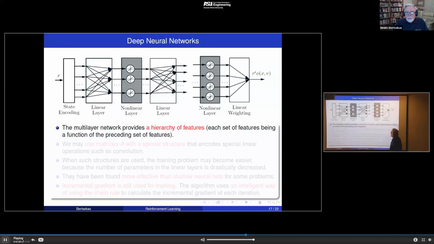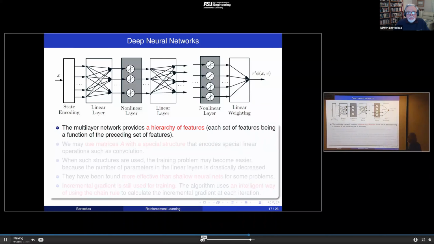You can have in the tens, okay? In the old days, people were using just a single layer or maybe two layers, very seldom more than two, like three. There were reports of people having tried more layers, but nowadays, these are more popular and have a lot of success to show in certain domains.